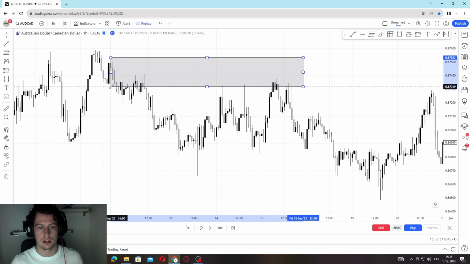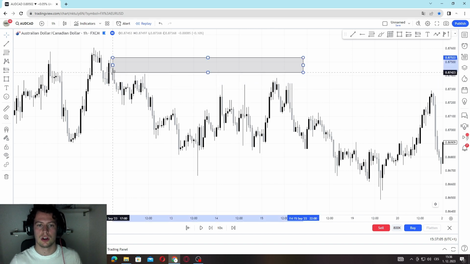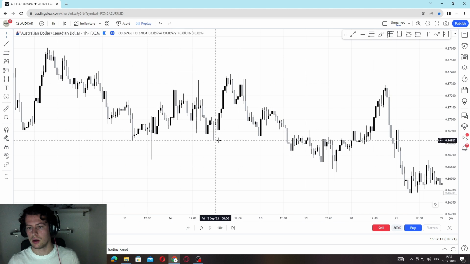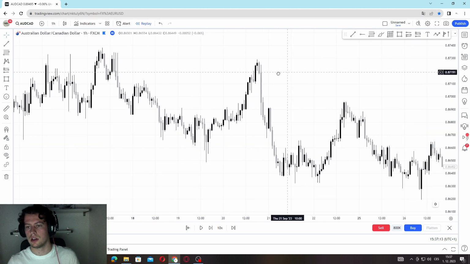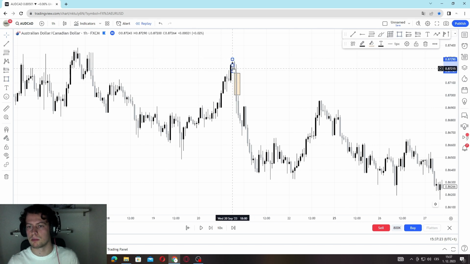So yes, this could be because you have some push. This could also be your zone, but I would prefer to make this, for example, but I will just delete it. Here you can see you have a big push. Here you can see the imbalance. And here you have your supply zone.